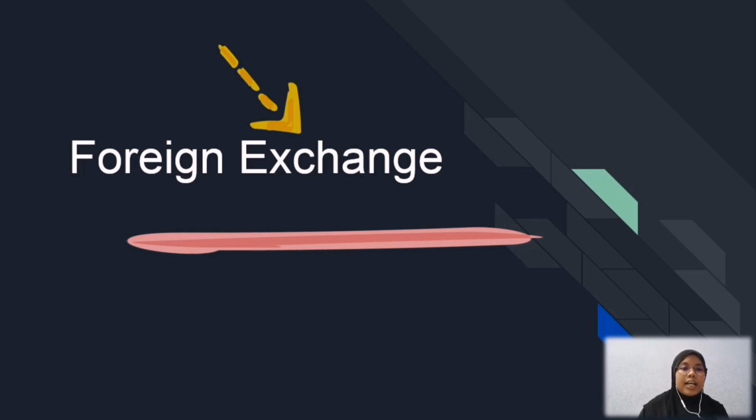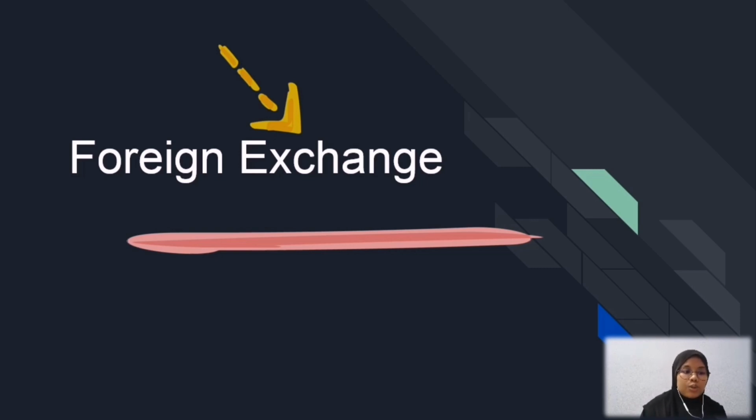Okay, so the next part is about foreign exchange. I will brief you on what the foreign exchange market is, and then we can know why we need to exchange one currency for another.